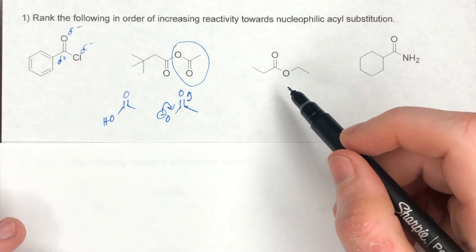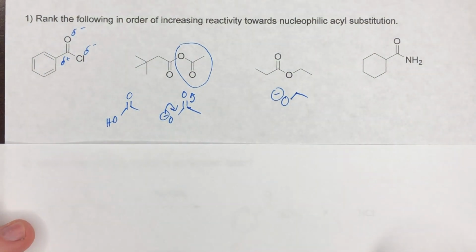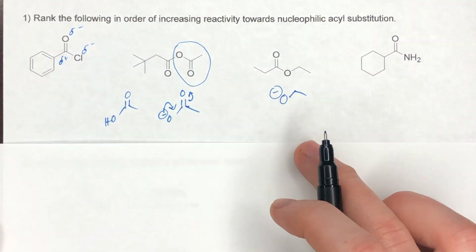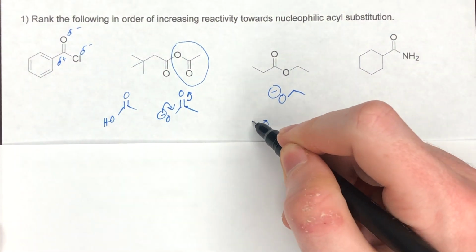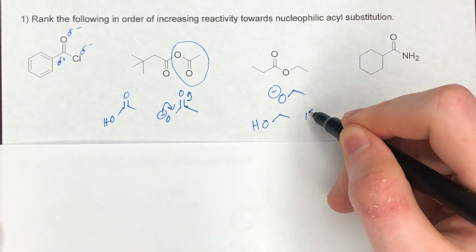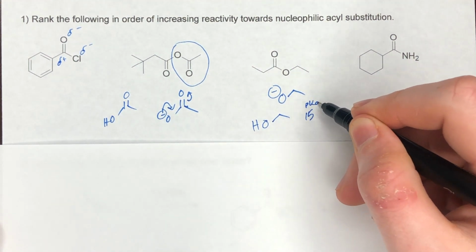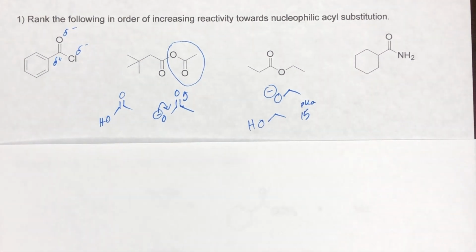Now we move into the ester. The leaving group here would be the ethoxide group. This is a pretty strong base, so this would be a bad leaving group. We know that its conjugate acid here is ethanol, pKa of 15 or so. So this is a pretty strong base, the ethoxide, so it's not a great leaving group.